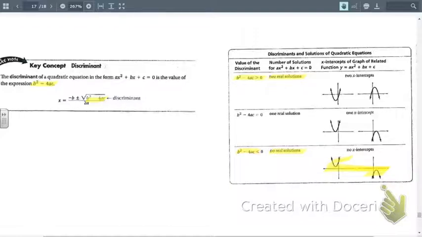If we have two real solutions, the graph will cross the x-axis at two different spots. And finally, if b squared minus 4ac is 0, you're going to have one real solution, and that means the graph will cross the x-axis at just one spot.